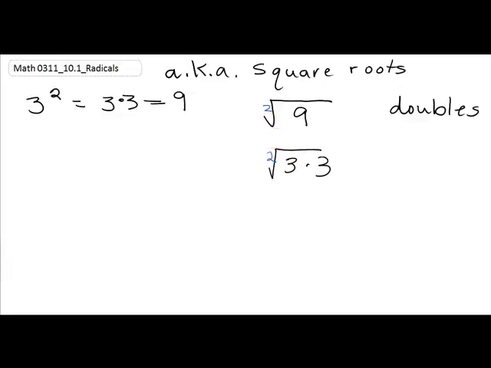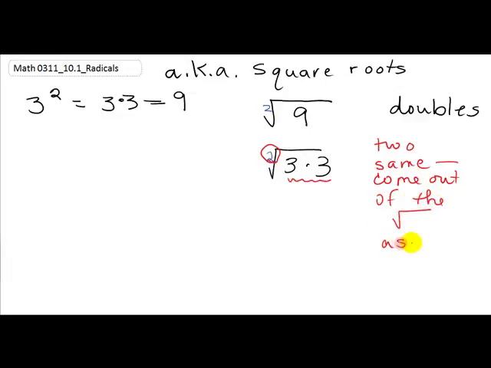So I've got a 2 here. So that means I need 2 numbers that are the same. And what they'll do is they will come out of the radical as 1 number.